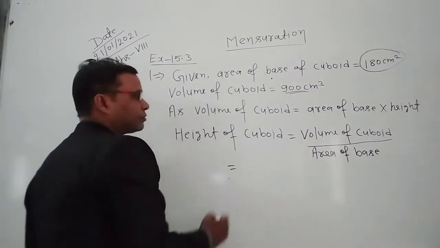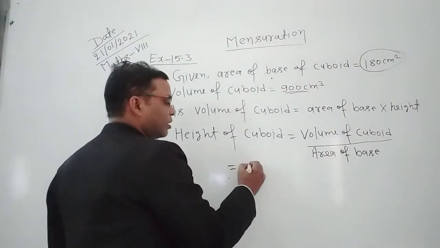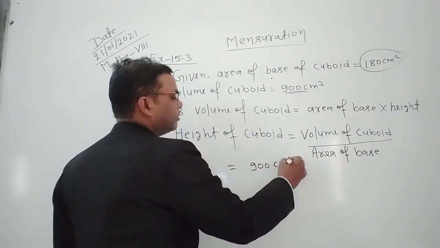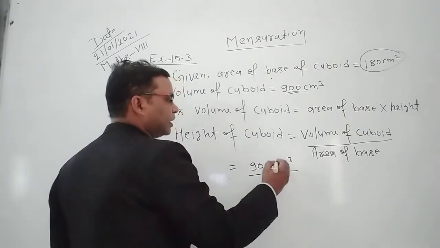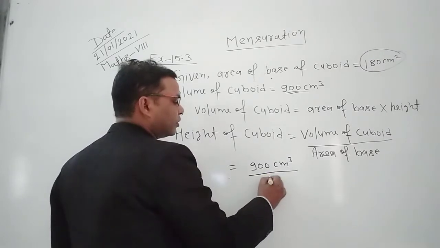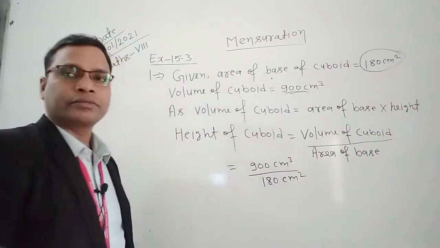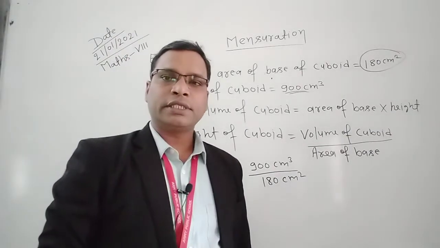So here volume is given, 900 centimeter cube, divided by area of base, which is 180 centimeter square. This is clear.